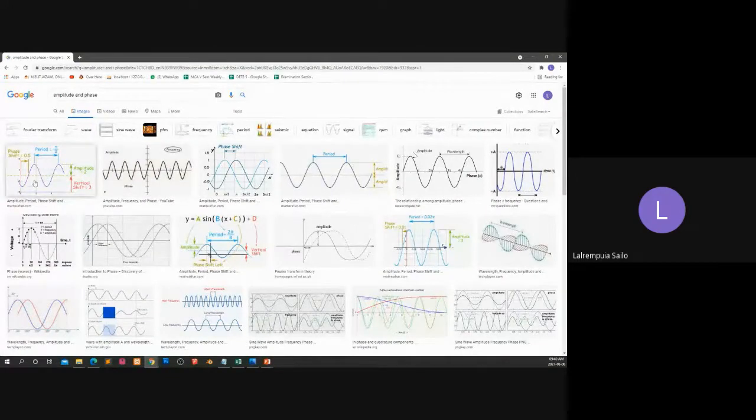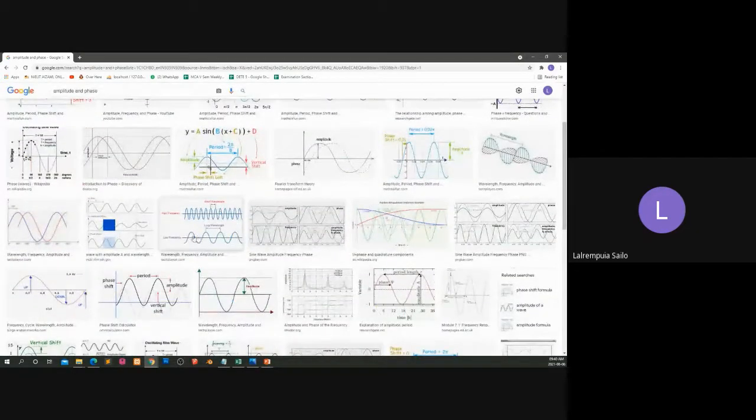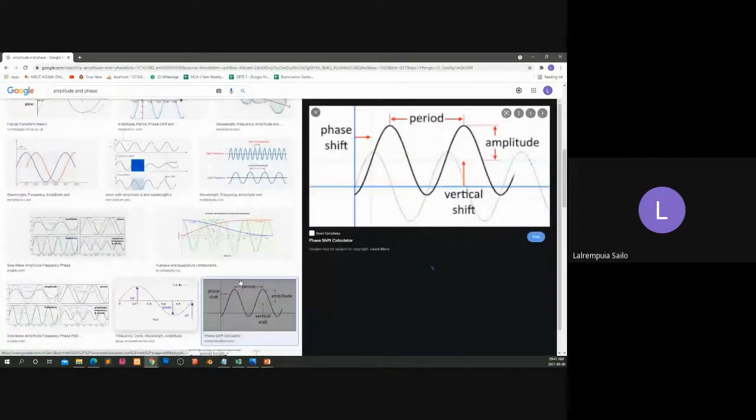The amplitude is this side. I hope you already understand this. This is the amplitude. And phase is each and every cycle of the analog signal.